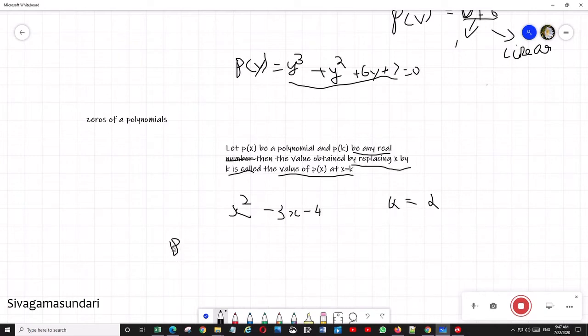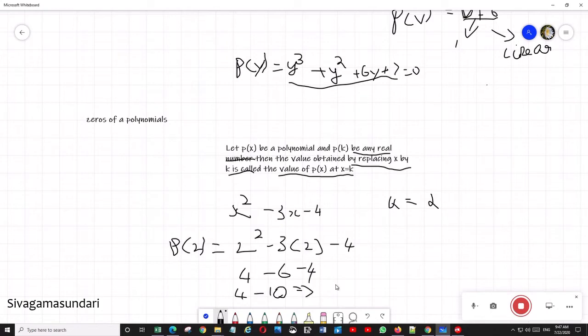So p of 2 is equal to 2 square minus 3 of 2 minus 4, that is 4 minus 6 minus 4, 4 minus 10, which is equal to minus 6.